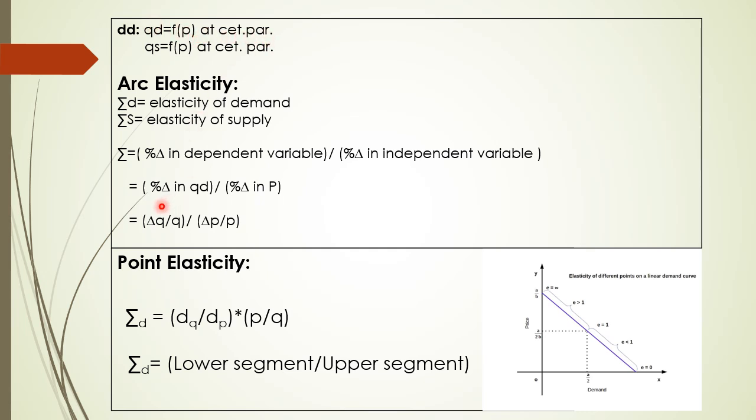So, percent change in quantity demanded divided by percent change in price equals elasticity. And lastly, point elasticity. Point elasticity of demand is measured by the formula, which is lower segment divided by upper segment. Here we can see the elasticity of different points on a linear demand curve.